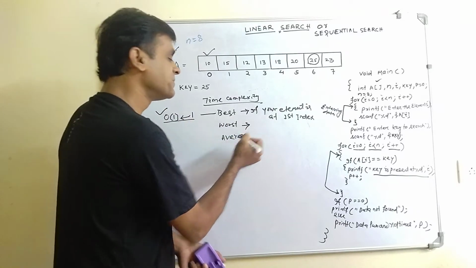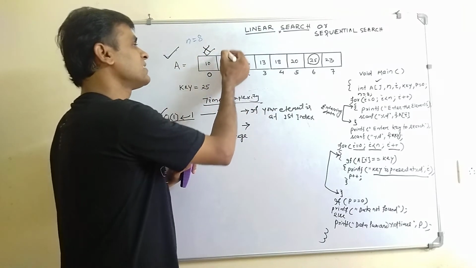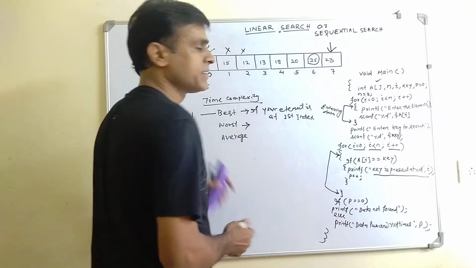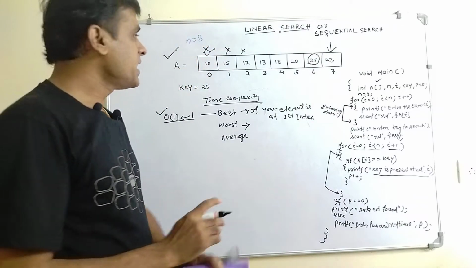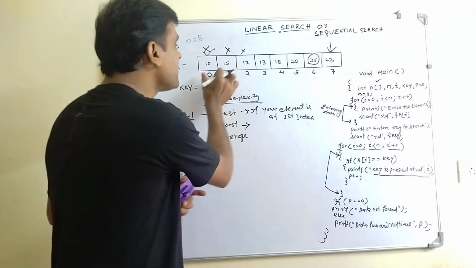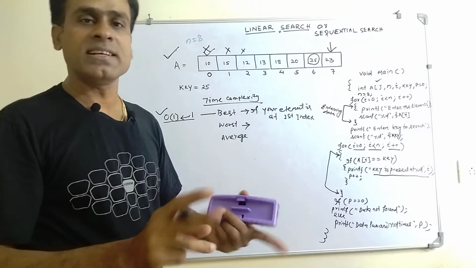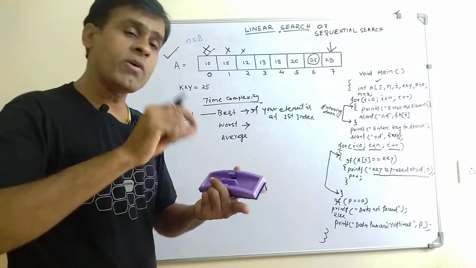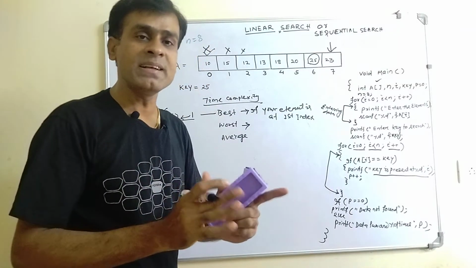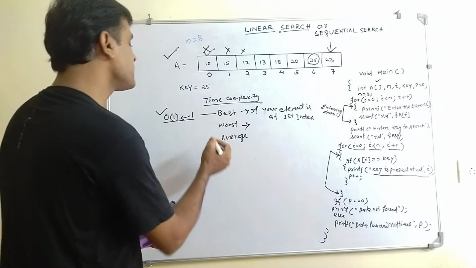But the worst case means that if your element is not present in the first, second or third position, you have to traverse up to the end of the array. Suppose the size of the array is 8, you have to compare 8 times. That means in the worst case, whether the key is present or not, you have to traverse from the 0th location to the end location. If there are n elements, you have to search and compare n times.